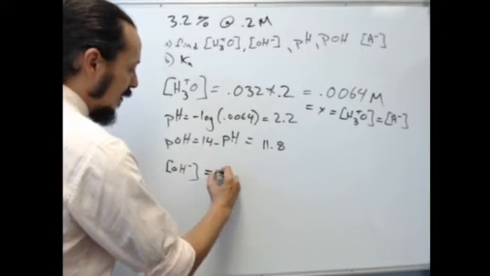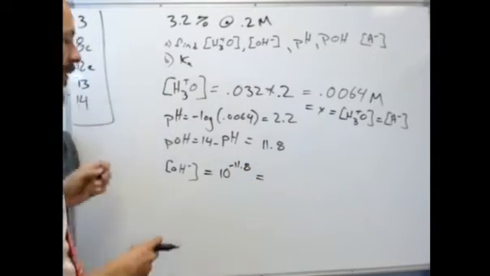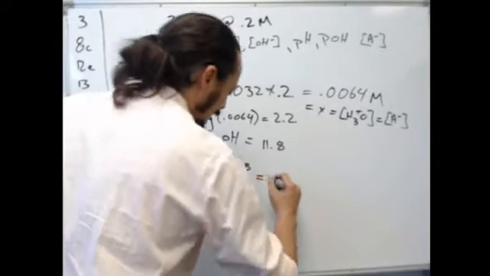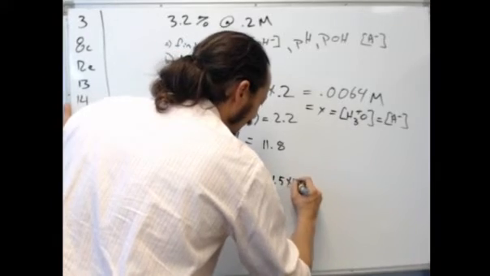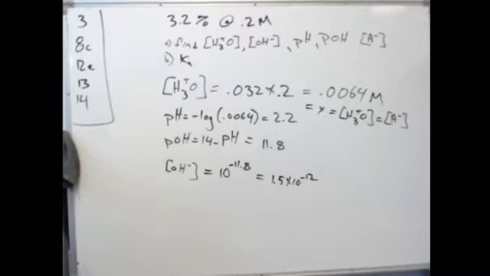OH minus is then going to be equal to 10 to the minus 11.8, which is going to be 8 times 10 to the minus 11. I got 1.5 times 10 to the negative 12. Okay. Again, I'm ballparking it. I'm going the wrong direction.